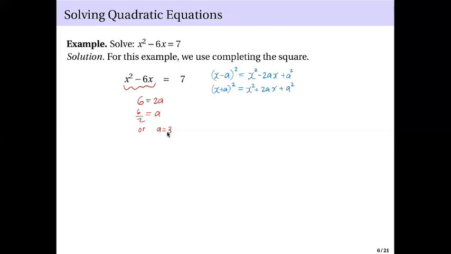And therefore, a squared equals 9. So what we're going to do is to add 9 on this side and also add 9 on the other side.